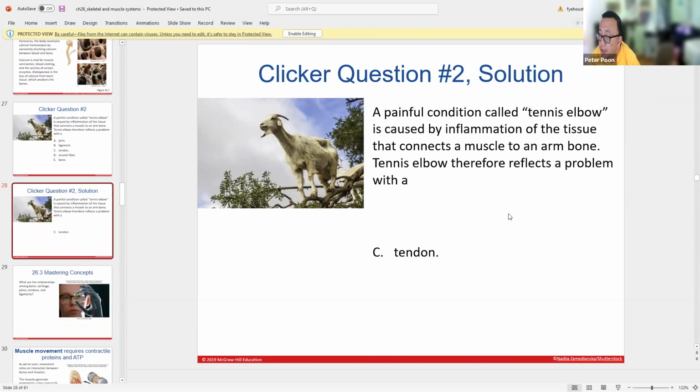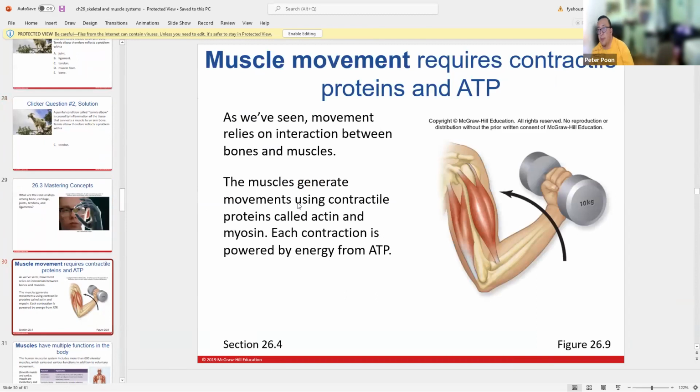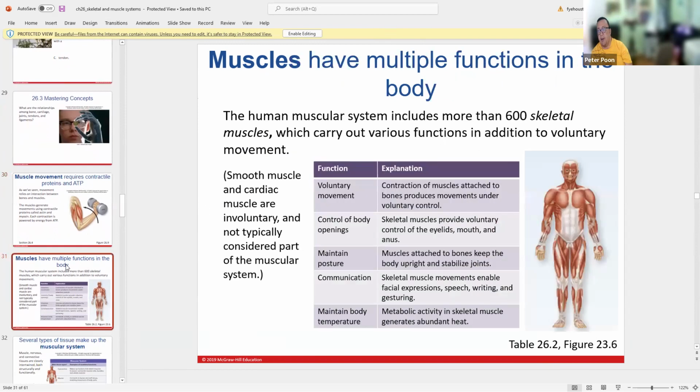Remember, a tendon is muscle to bone. Muscle movement requires contractile tissues and ATP. Each contraction is generated by ATP.